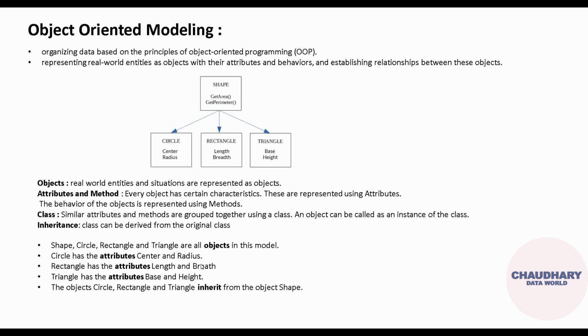Circle has the attributes center, radius, rectangle has length, breadth, triangle has base, height. The objects circle, rectangle and triangle inherit from the object shape. That means the get area and get perimeter are shared in this shape object with circle, rectangle and triangle.